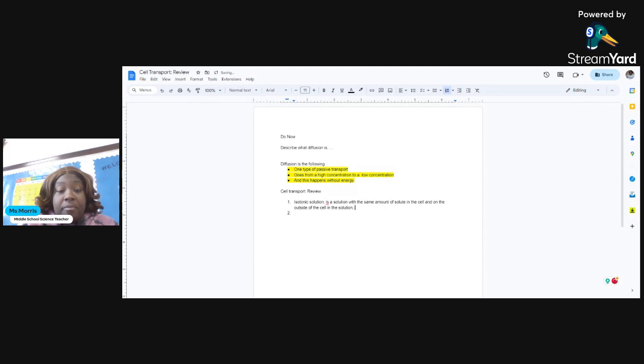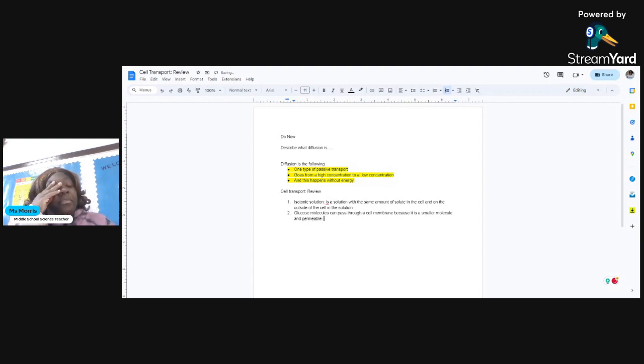Okay. Number two, they ask us, explain why glucose molecules can pass through a cell membrane, but starch cannot. First and foremost, glucose molecules can pass through a cell membrane because it is a smaller molecule and permeable.